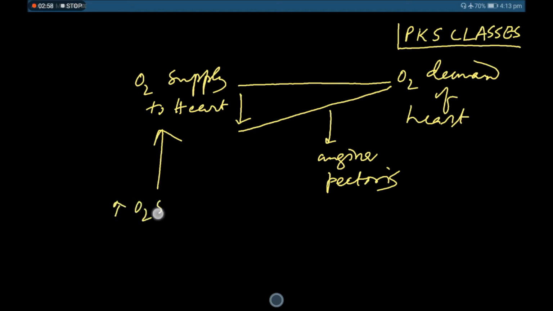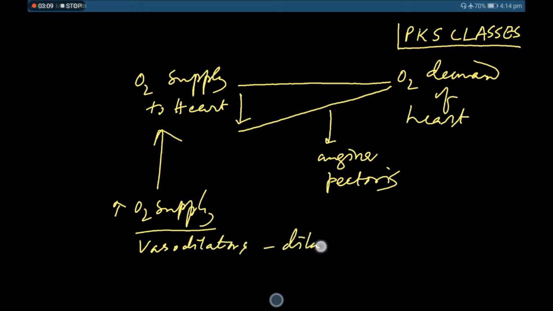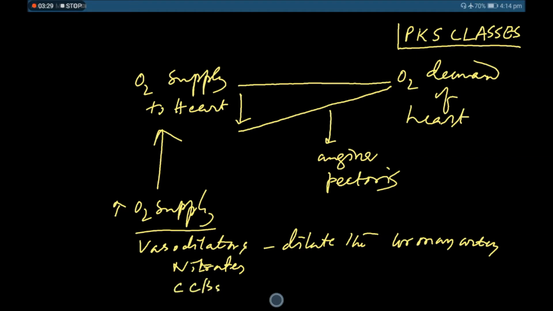We have to use vasodilators, which can dilate the coronary artery, like nitrates. Nitrates can supply blood, and we can also use calcium channel blockers. Calcium causes vasoconstriction, so calcium channel blockers will cause vasodilation.